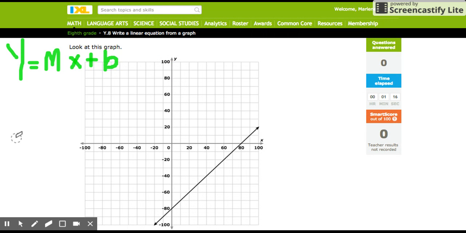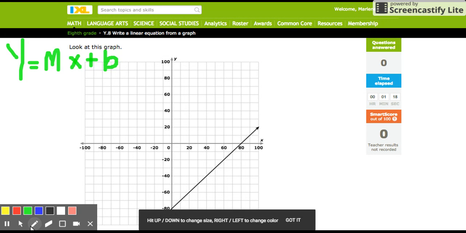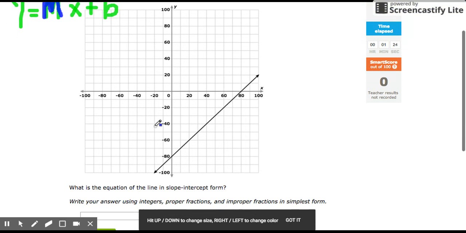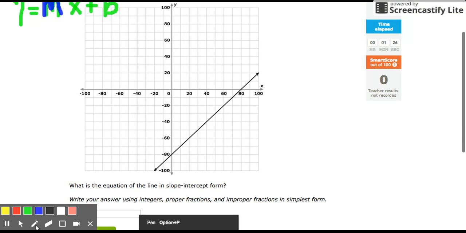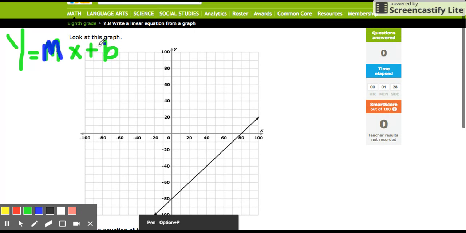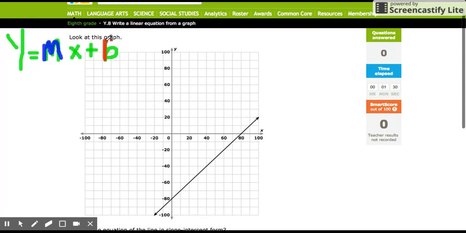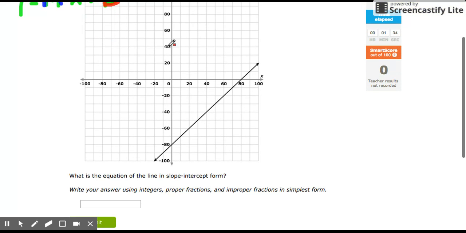Now, m is your slope. It's your movement, m. It's how you move. So, again, b is your y-intercept. So whatever number is right here, that's your y-intercept.